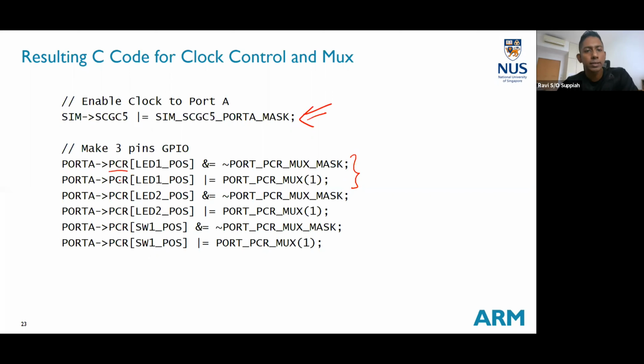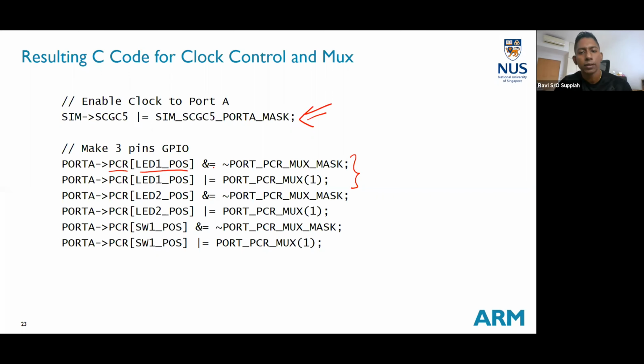The PCR register itself for each port is 32 bits. Why 32 bits? Because there is an individual register for each bit. In this case, I'm only going to focus on LED 1, so I'm passing the index for LED 1.